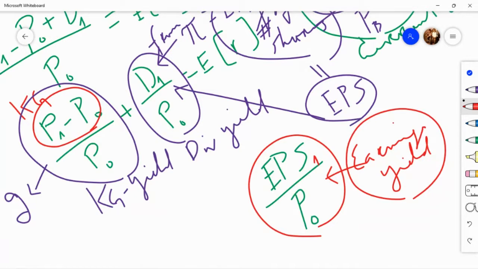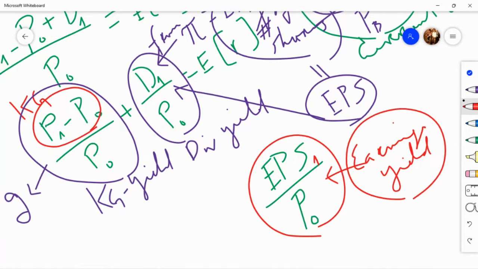Rather than just looking at the dividend, think about it. There's another stock at $100, but its earnings per share is $5. Between the two stocks, which one is better?